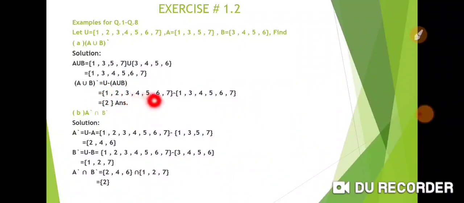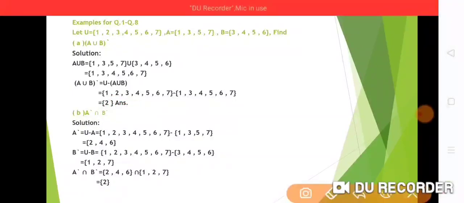So this is the universal set minus A union B. Here we have answer 2. We have to take the difference. Like here we have 1, 3, 4 and 5, 6 and 7. The only leftover number is 2.